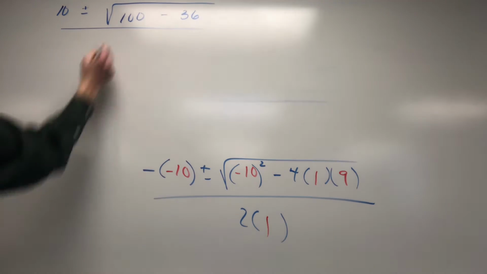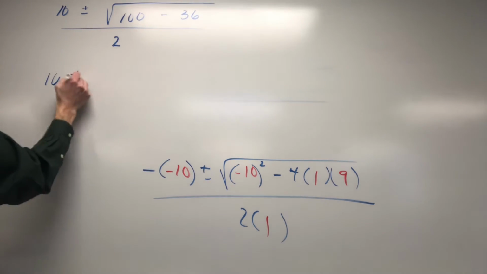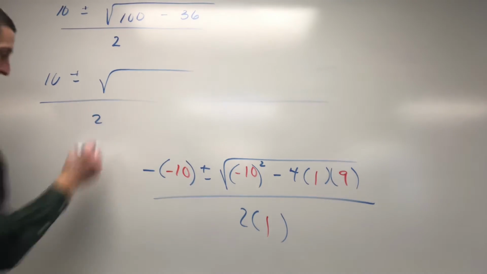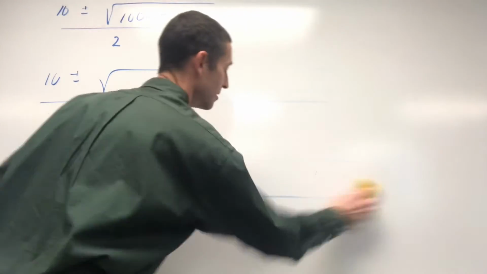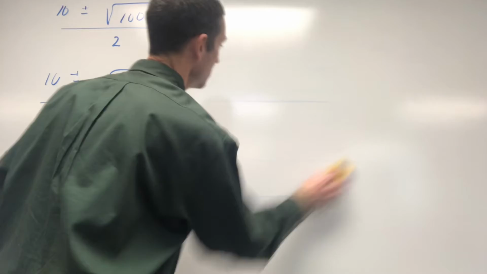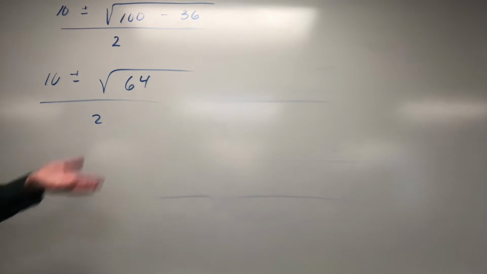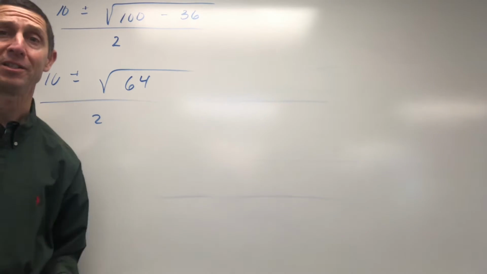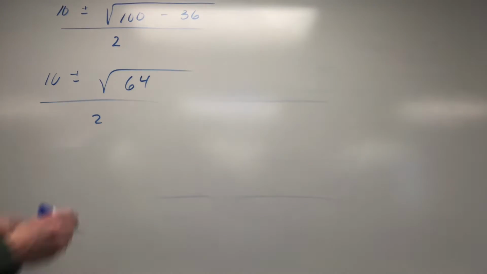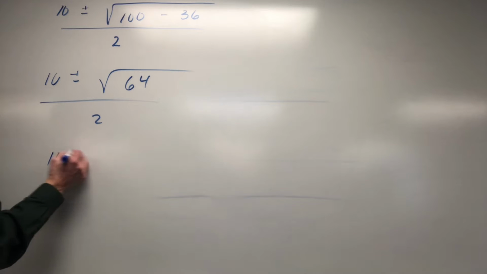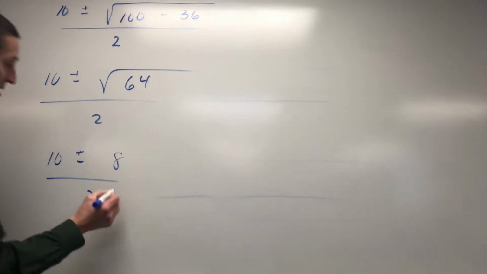And this whole thing is over 2. Okay, so inside here I've got 100 minus 36, which is 64. And then you catch a break. You're like, I know the square root of 64. It's 8. So this is 10 plus or minus 8 over 2.